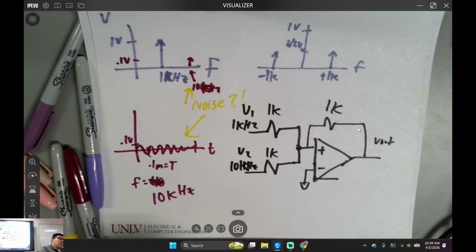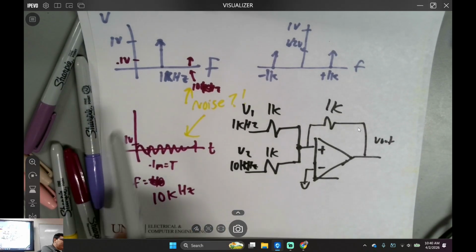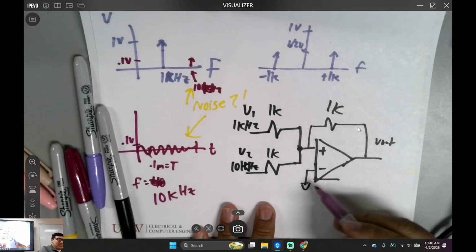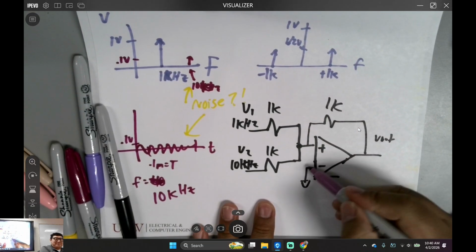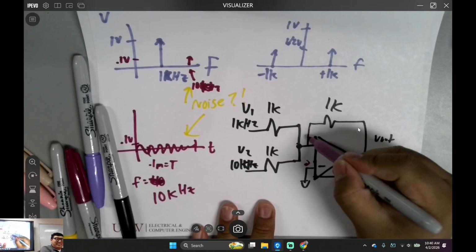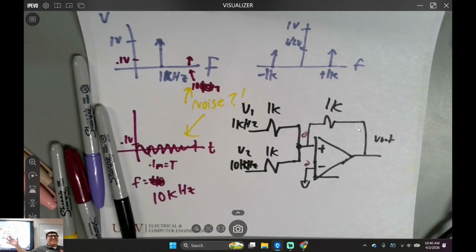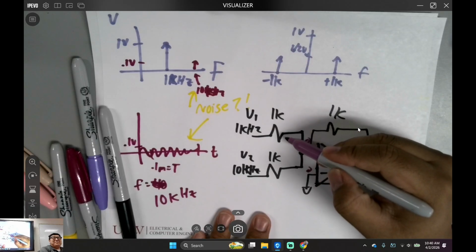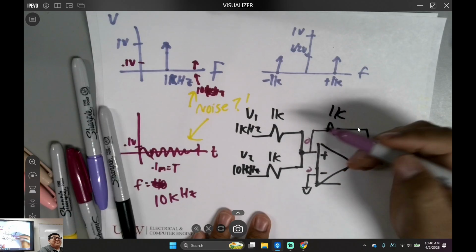What's the current going into this node? Actually, let's talk about things. What's the voltage here? What's the voltage here? What's the current here? 1 milliamp, right?